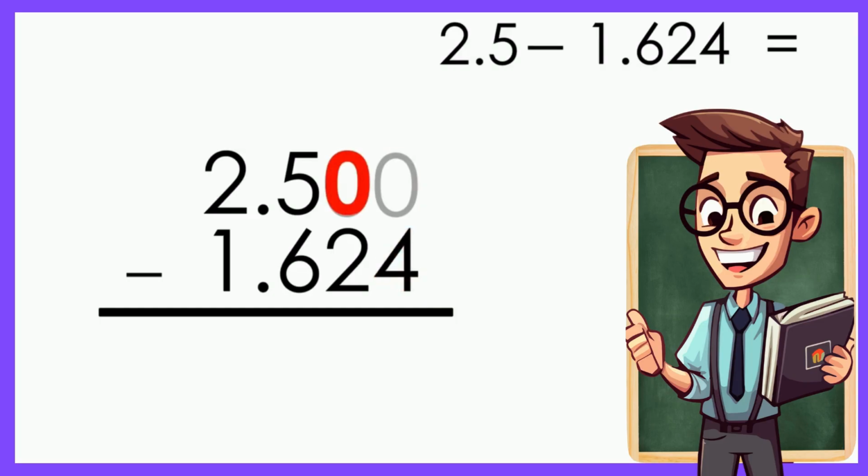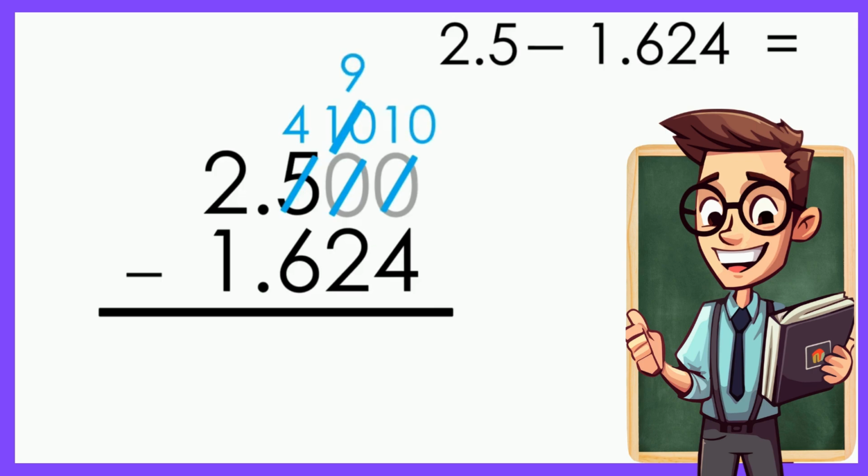But 0 has nothing to lend because it's 0, so we need to proceed with the next digit, and that's 5. Borrowing one, 5 will become 4, and 0 will become 10. But since the other 0 needs to borrow one, then 10 will become 9, and the other 0 will become 10.